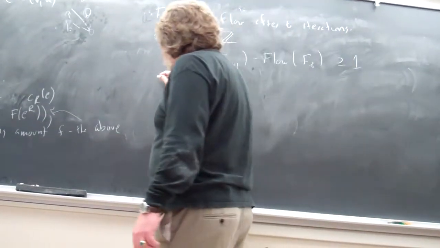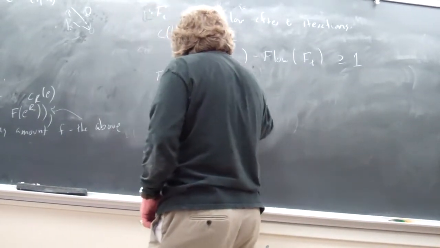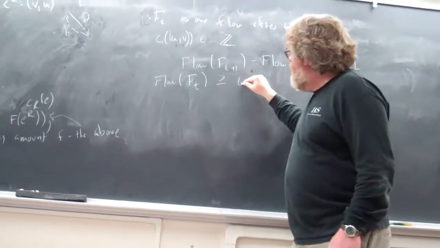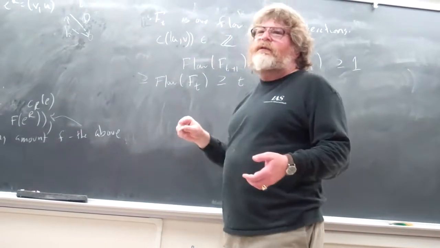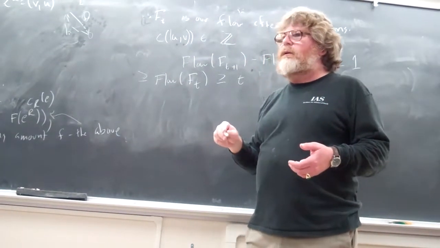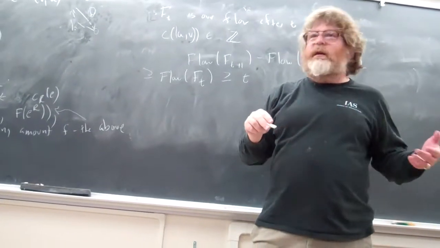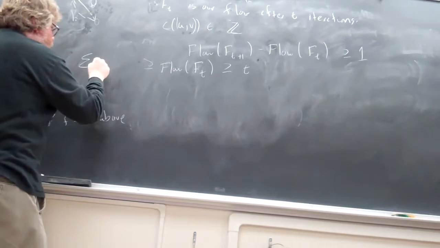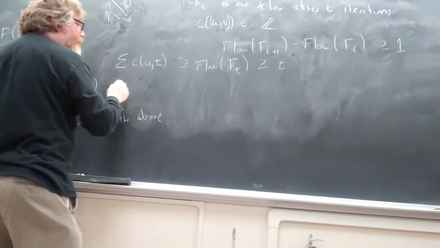So that's saying that after t iterations, the flow that we have is at least t. On the other hand, what can we say about an upper bound on the flow? The sum of the capacities of the incoming edges into t, for example.